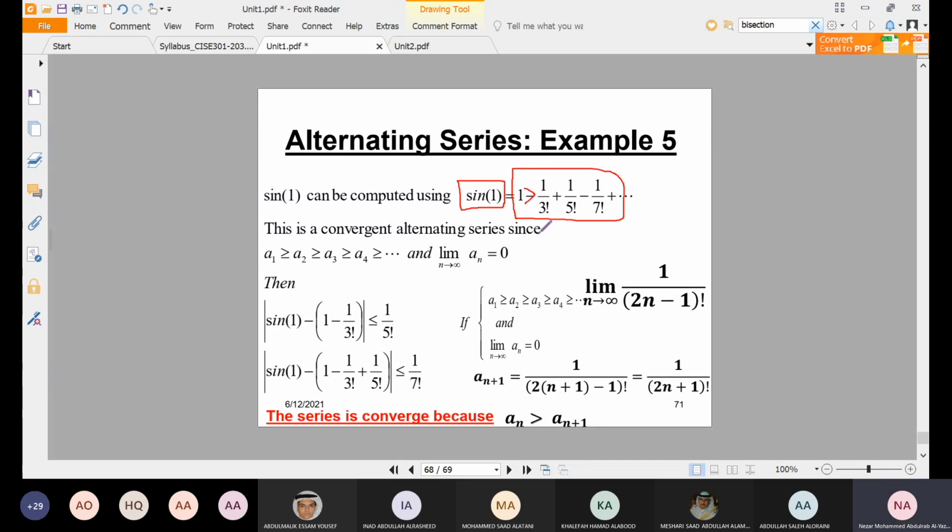Now, as the value of the factorial increases, the magnitude of the denominator increases, so the value of the fraction decreases. As we go, these terms get smaller. So this is the first condition, and it is clear now: as we go, the value of the coefficient decreases.